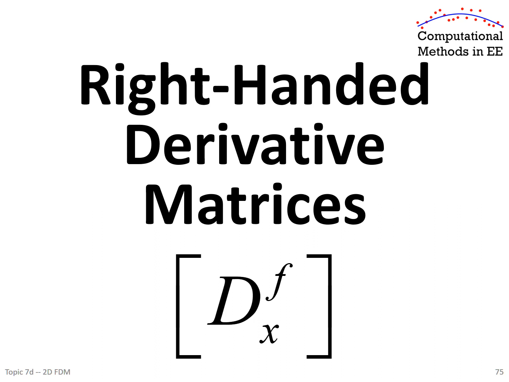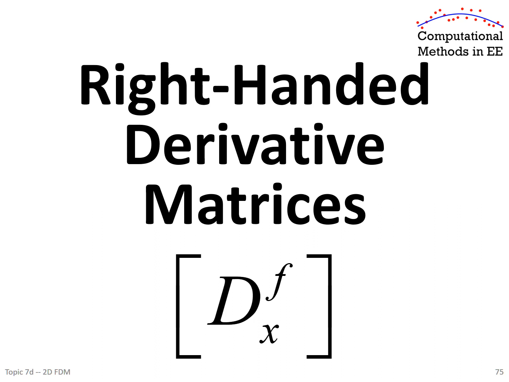But before that, we can in general talk about derivatives that are right-handed or left-handed. Does the derivative reach to the cell to the right, or the next higher array index cell, to calculate the derivative, or does it reach to the left? So right now we're going to build derivative matrices that reach to the right, and we call that a right-hand derivative. And so we will be building right-hand derivative matrices.